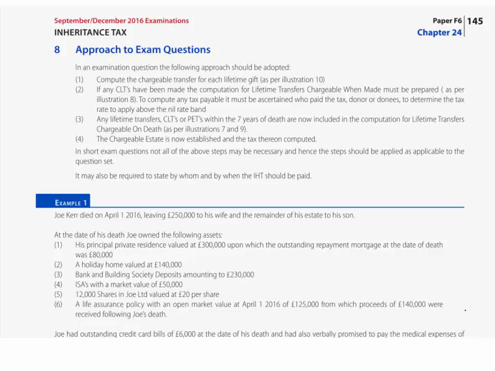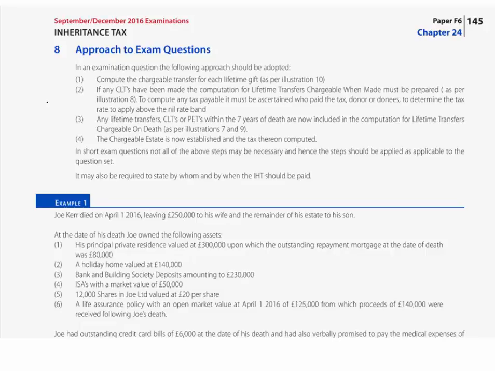So the full extent of this particular exercise would only be dealt with on a section C question, but parts of this would need to be done to be able to answer questions in section B, or even indeed in section A. So in an exam question the following approach should be adopted.